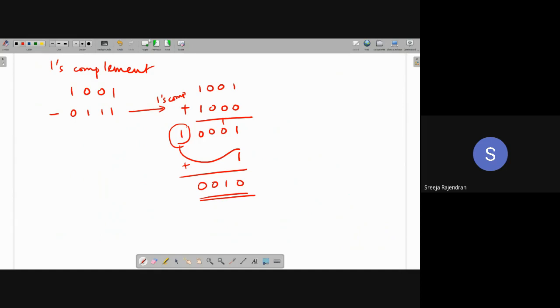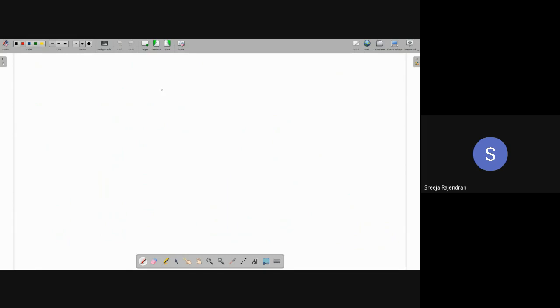So in hardware, this is my adder. And now I need to take the 1's complement or not. So I have a C in also, my initial carry in, which I set to 0.